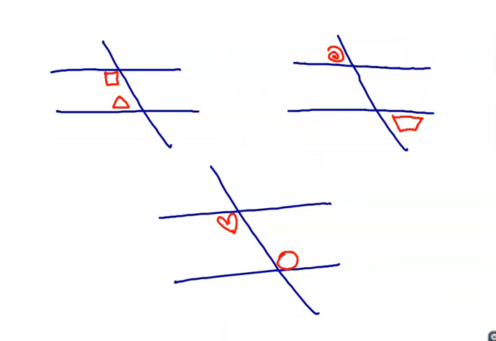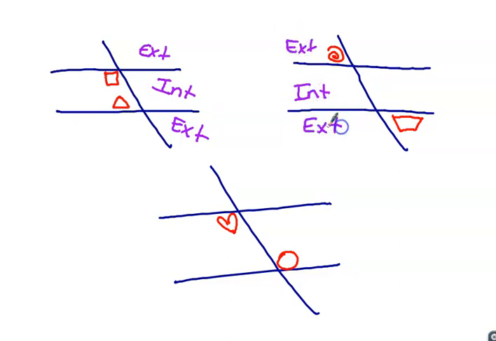I drew a different example of parallel lines. Remember, this is the interior, and this is the exterior. Exterior is on the outside. These angles are interior, and these angles would be the exterior.